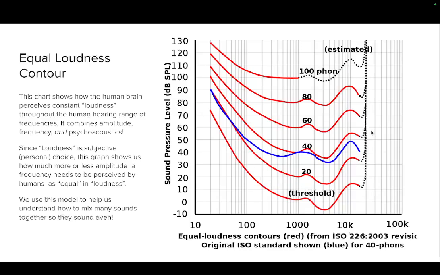This chart can be very useful to help us understand how to mix many sounds together so they sound even. All of the sounds of an orchestra, a band, or even if you're mixing something like multiple layers of audio in any capacity, we need to know what frequency range they're in and how much energy to give to them so that everything sounds even.